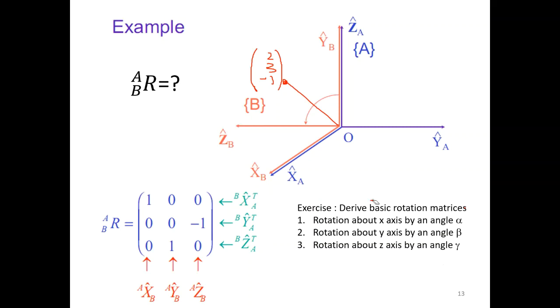And you know this dot product comes from the cosines. Therefore, you can look at the angle, the rotation between two frames.